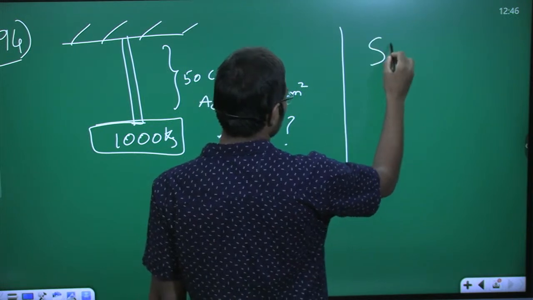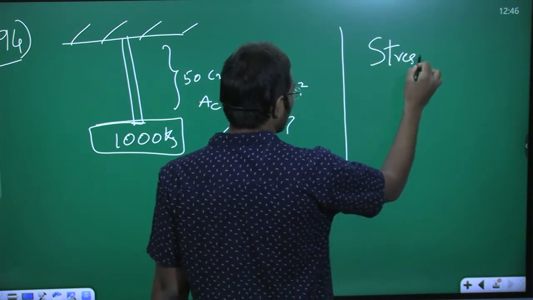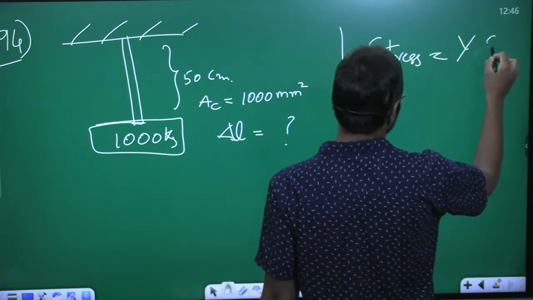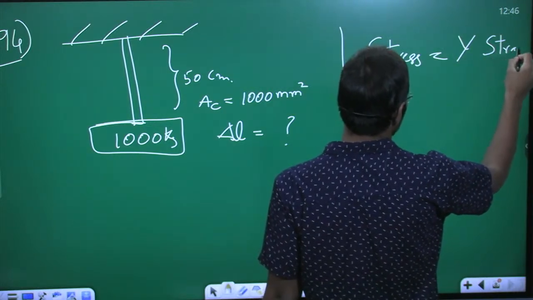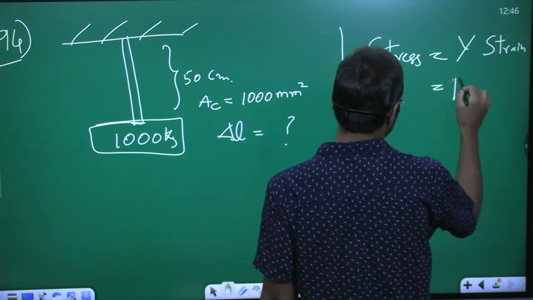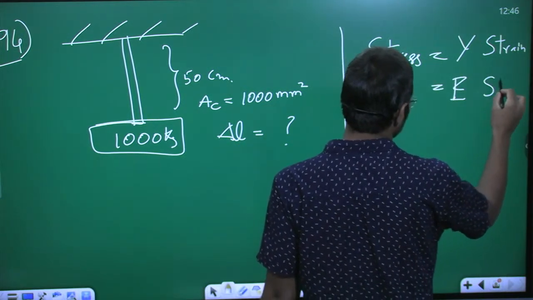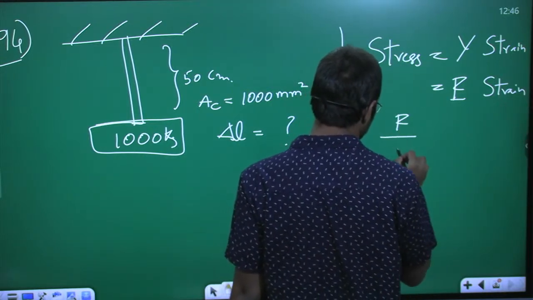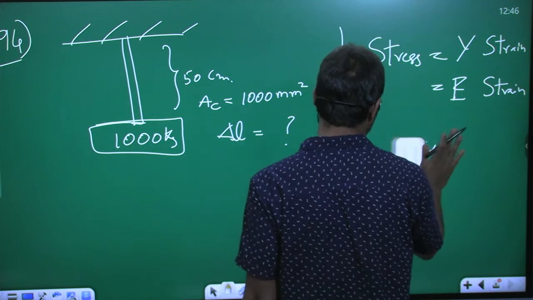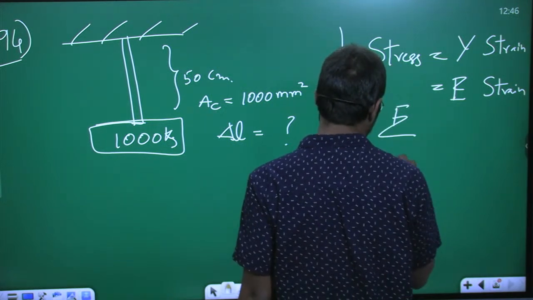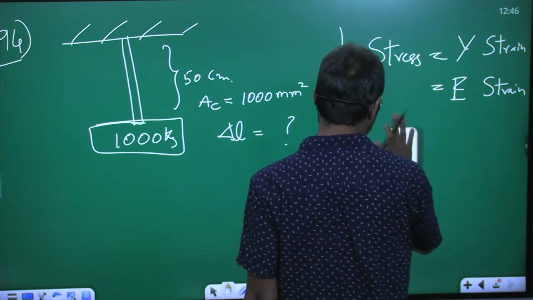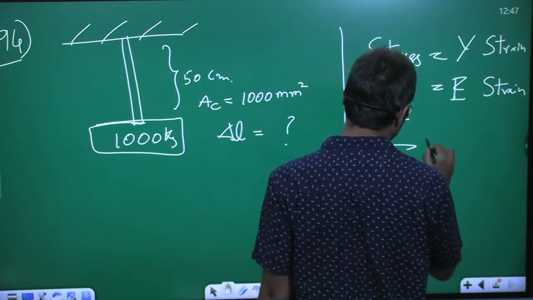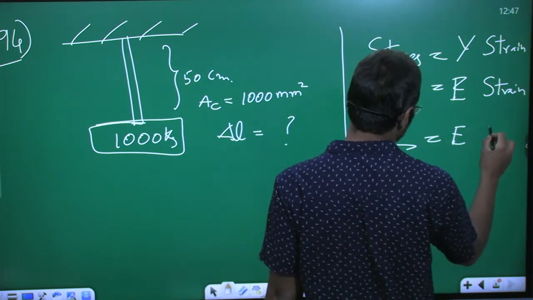Stress is equal to Y times strain, or E times strain. It's nothing but Young's modulus. So how do you write stress? F by A is equal to E into delta L by L.